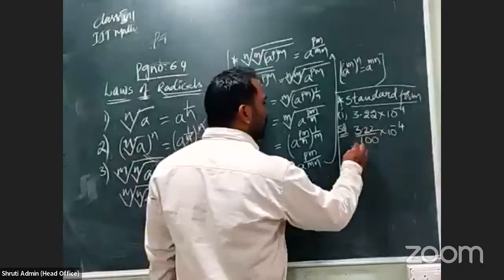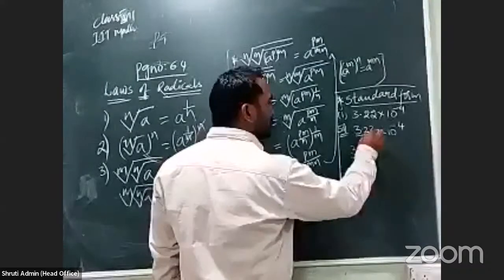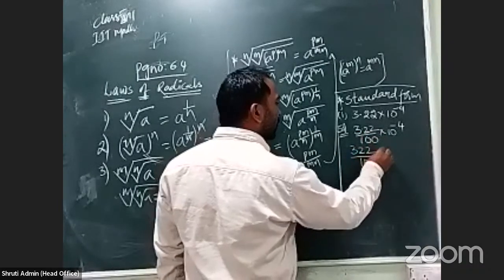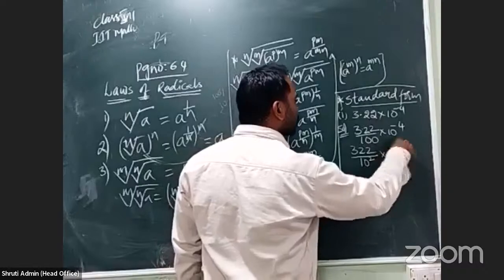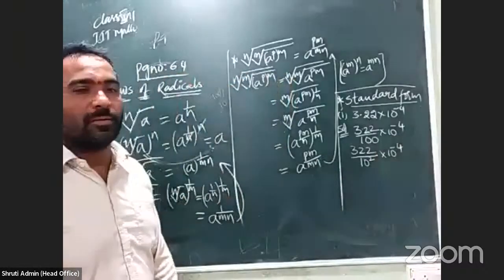See, 322 by 100 can be written as 322 by 10 square into 10 to the power of minus 4.